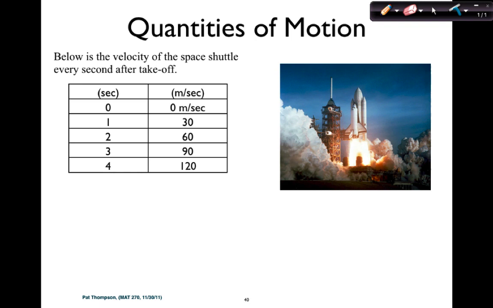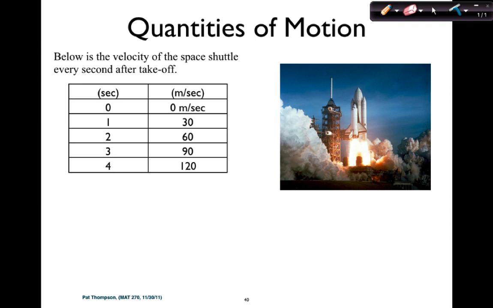Okay, someone said constant acceleration. What is acceleration? Yeah, so there's a constant rate of change of speed, right? Because every time a second goes by, the speed goes up 30.